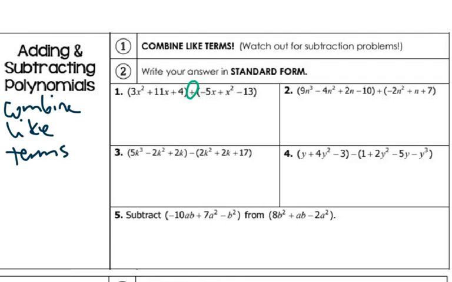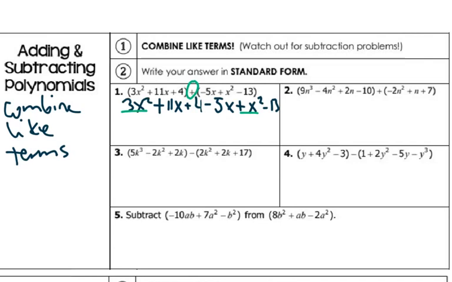So we simply have 3x squared plus 11x plus 4, actually minus, so we don't need parentheses, minus 5x plus x squared minus 13. And we're going to start combining like terms with the highest exponent. So x squared is the highest power, so we're going to combine 3x squared with x squared, and we're going to write it first.